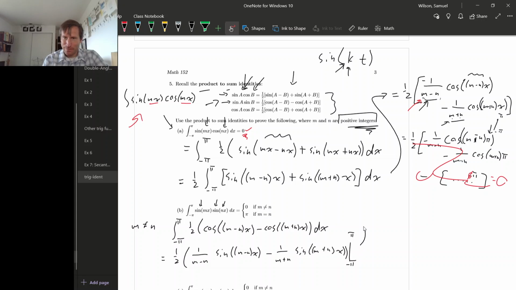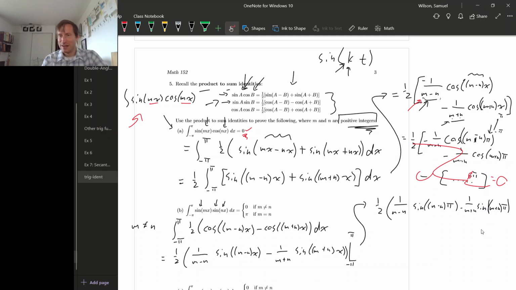Okay. So we get 1/2 times 1 over m minus n sine of m minus n times pi, minus 1 over m plus n times sine of m plus n times pi.